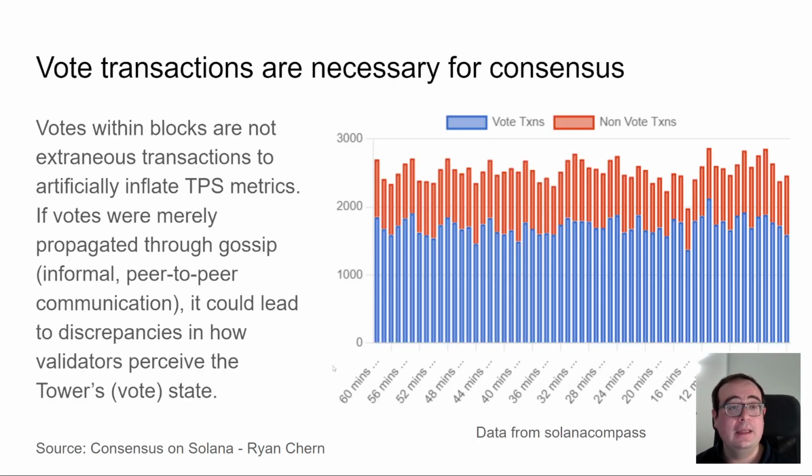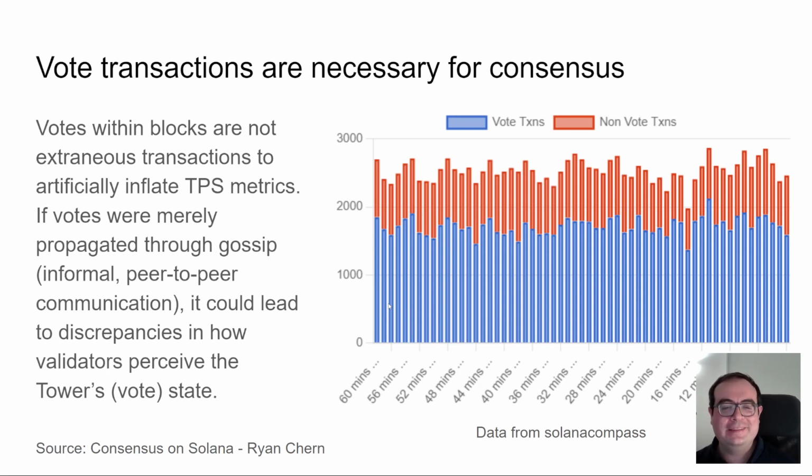Next, another important thing: vote transactions are necessary for consensus. When we look at the transactions in Solana, the throughput, it's always important to distinguish between vote transactions and non-vote transactions, because voting in Solana to participate in consensus is done through actual transactions.